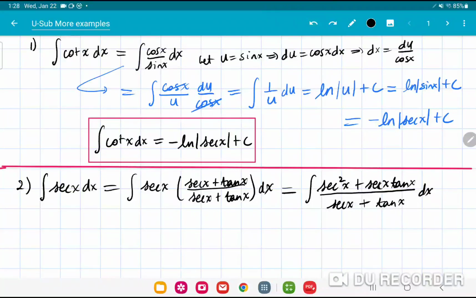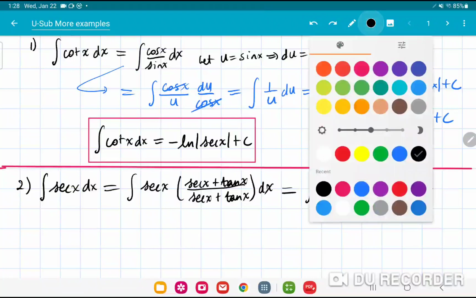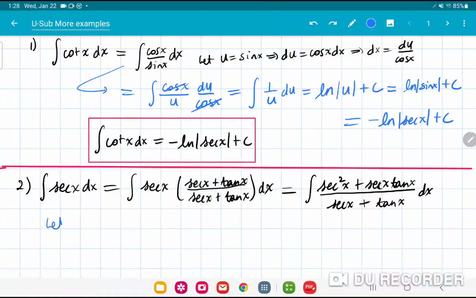So I'm going to let u equal secant of x plus tangent of x, then du equals the derivative of sec x is sec x tan x, and derivative of tan x is sec squared x.